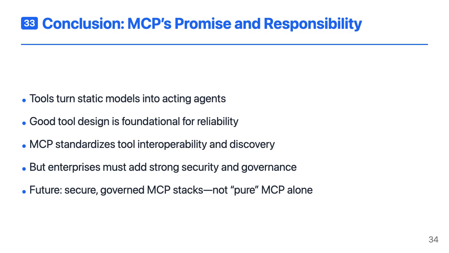But MCP by itself doesn't deliver enterprise-grade security, identity, or observability. The likely future is not pure MCP, but MCP wrapped in robust governance layers, API gateways, hardened SDKs, policy engines, and secure tool design practices. MCP provides the interoperability. It's up to adopters to build the safe, auditable frameworks around it.